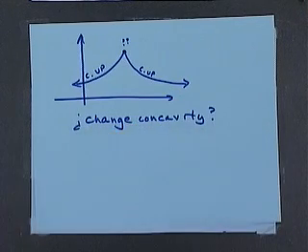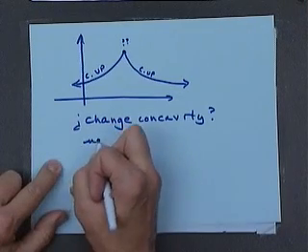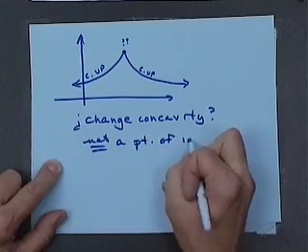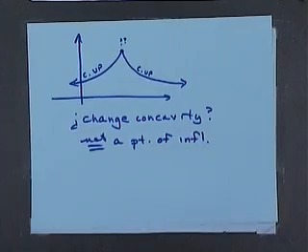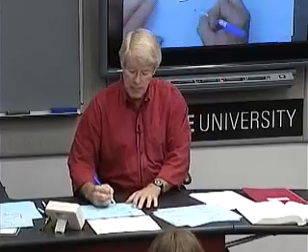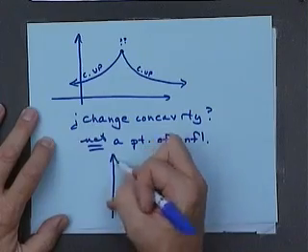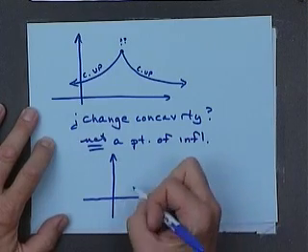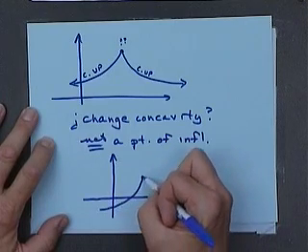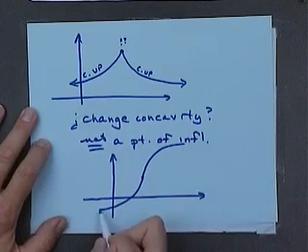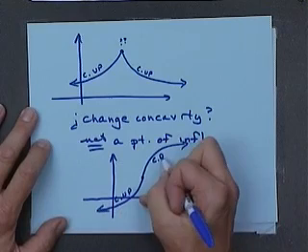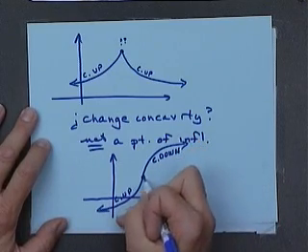So here's what we ask ourselves. Did it change concavity there? Absolutely not. So it's not a point of inflection. If it does change concavity, and it was a place where the second derivative was 0 or undefined, so let's say the graph looks like this, now we do have a point of inflection. This is concave up. This is concave down. Here's our candidate.